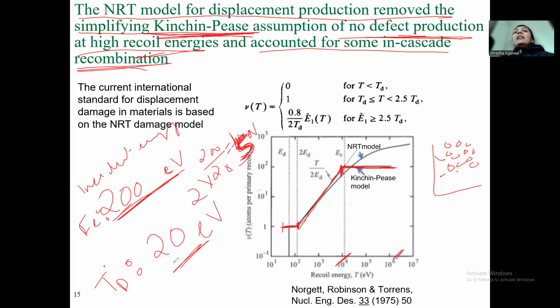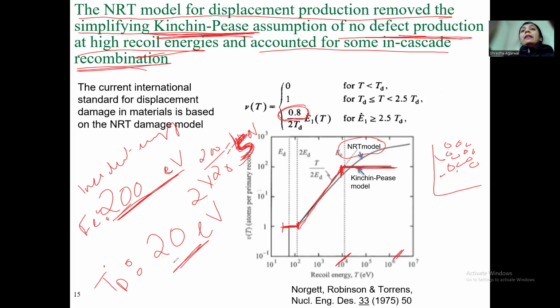Now what NRT did, it refined it. So for the NRT model, it says, no, it doesn't stop, but instead we should make it a little bit more fluid, or the model should be a little bit more consistent with reality. Let us include this factor of 0.8. And what will this 0.8 do? This 0.8 will account for the recombination, right?